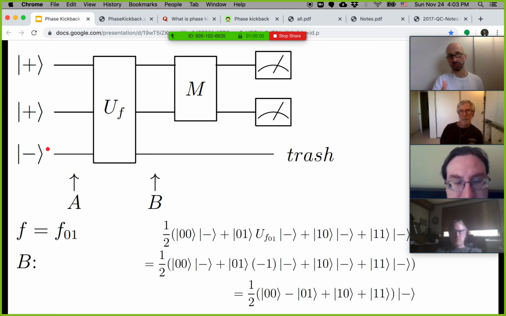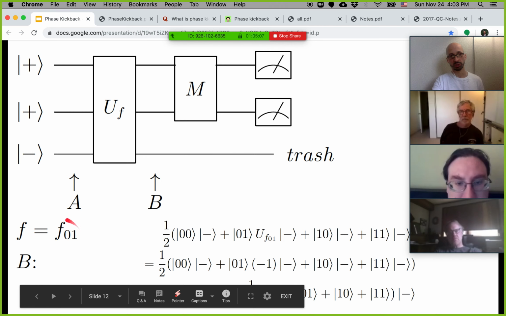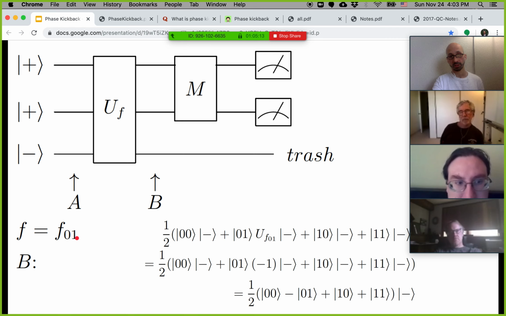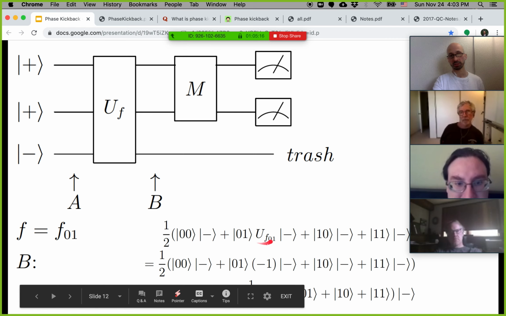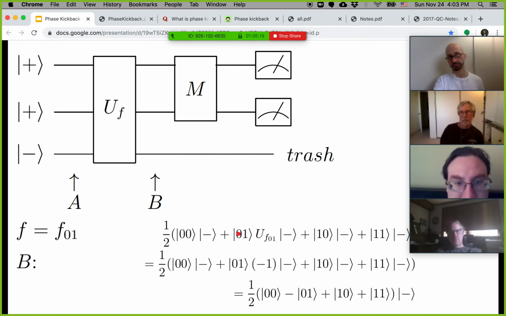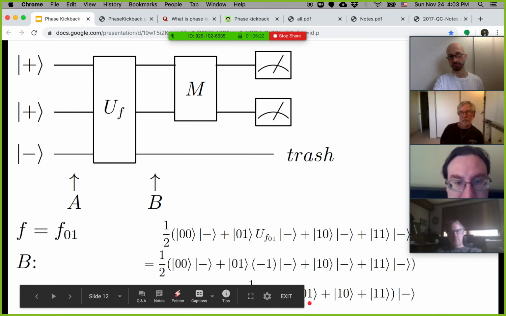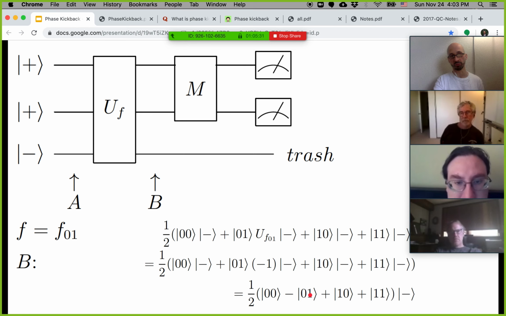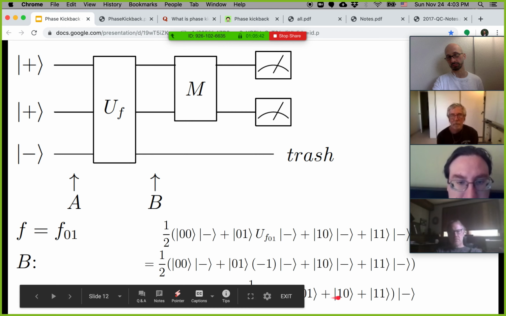Okay, and this is just the second slide, and this is exactly the same, but it happened that Alice prepared function 0, 1 for us, and as a result, we apply UF to state 0, 1, and we multiply the phase of 0, 1 by the eigenvalue of minus, which is -1. And that works exactly the same for f10 and f11. We just get the minus sign in different places.